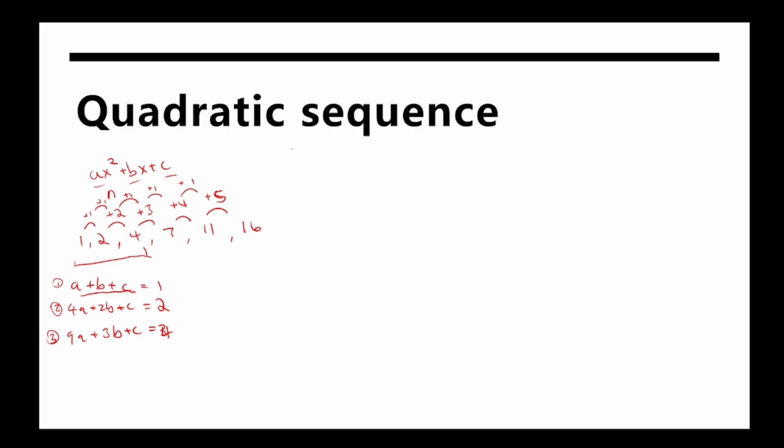Now we do this by subtracting equation 1 from equation 2, which gives 3a plus b equals 1. And we can deduce that b equals 1 minus 3a. Then we subtract equation 1 from equation 3, and we get 8a plus 2b equals 3.